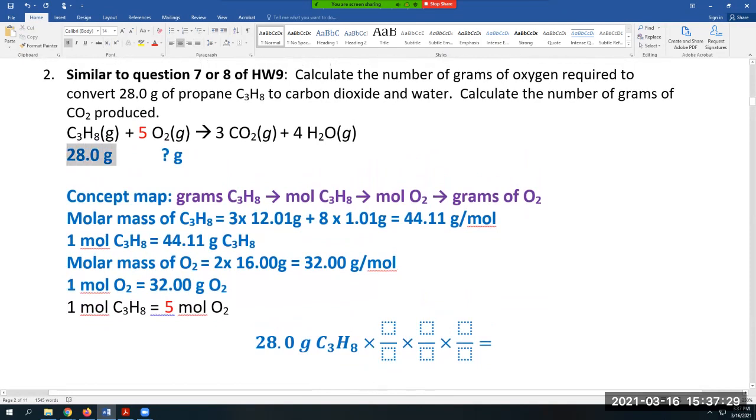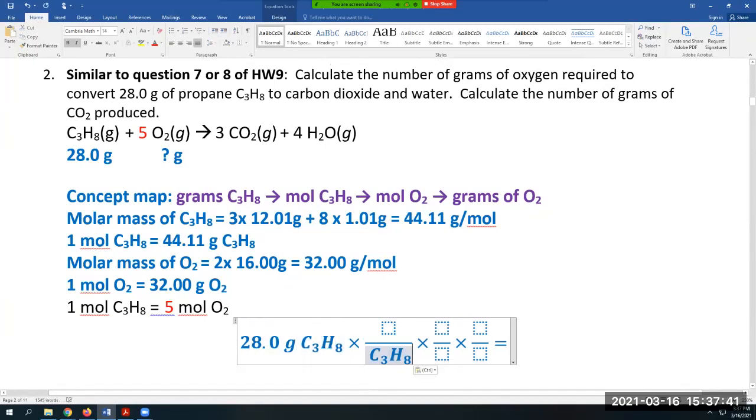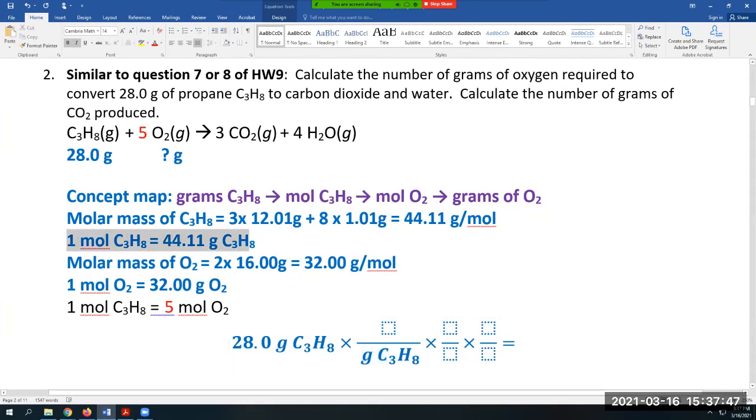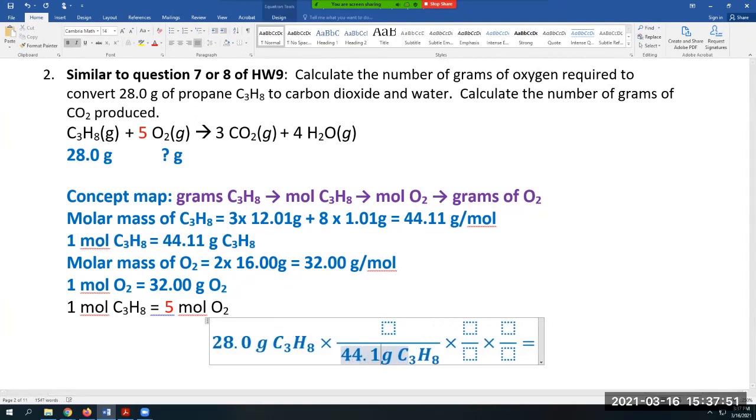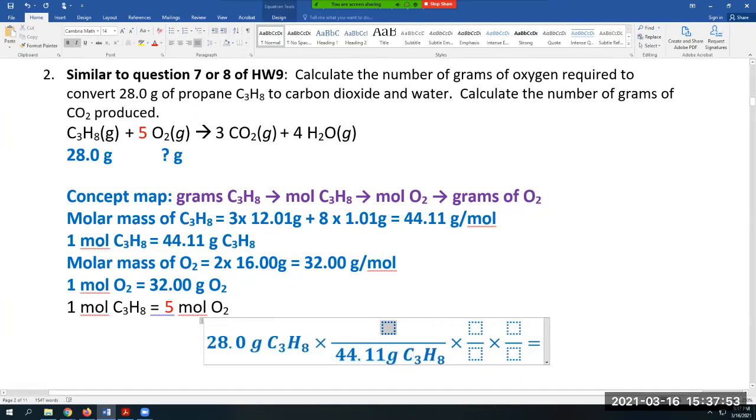That's the given amount here. This is written in the numerator. So the first conversion factor needs to cancel that first unit of grams of propane. So we need the grams of propane here on the bottom. And so that tells us that for this molar mass, we will have the 44.11 grams of propane on the bottom. And that's for 1 mole of propane on top.